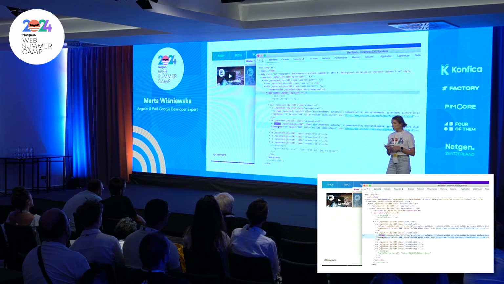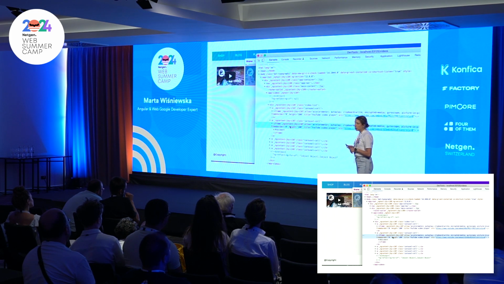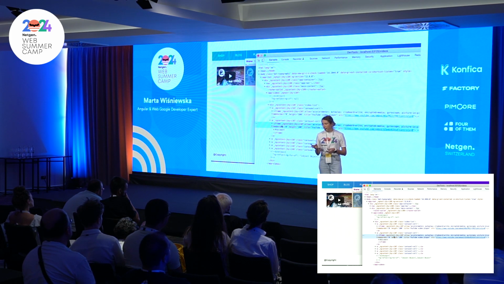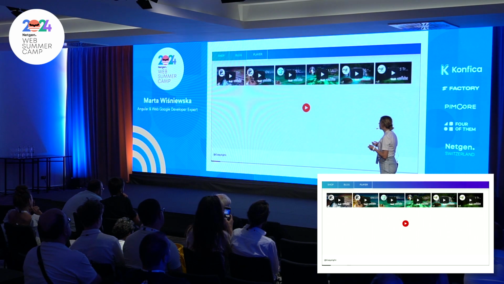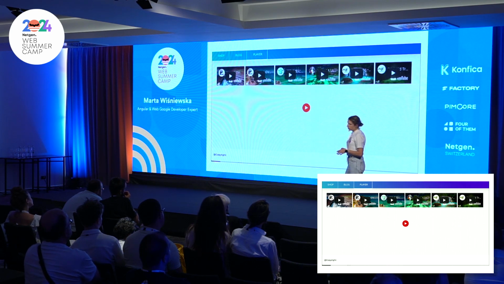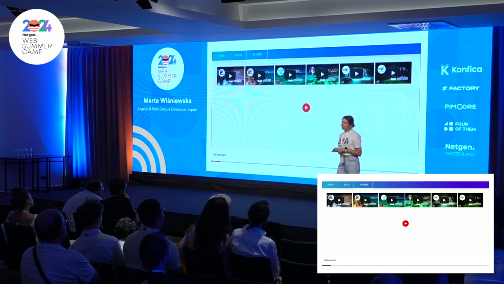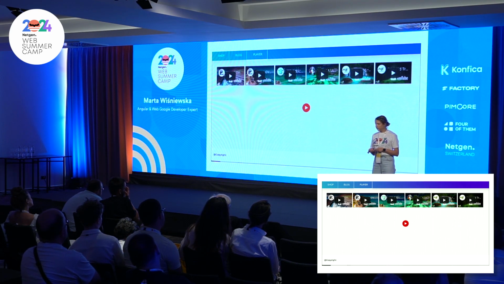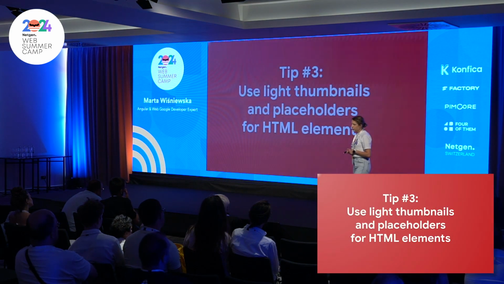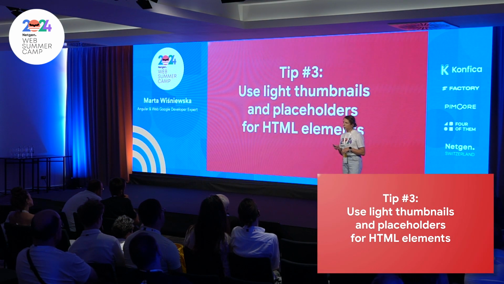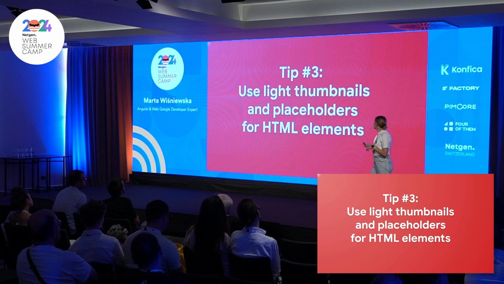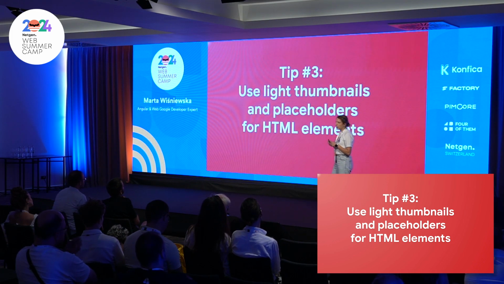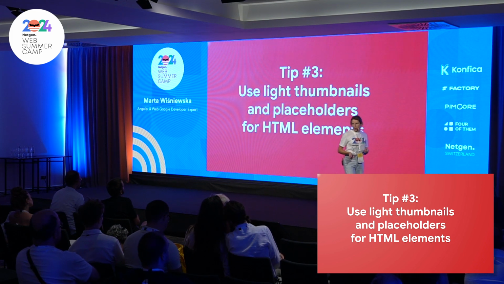Then I found that the thumbnails added to the carousel were added as iframes, but it really didn't make sense, because the thumbnail was only there to tell which video should be played in the player. So I decided to replace these iframes with just light images. So the next tip in my learning: use light thumbnails and placeholders for HTML elements to have the lightest possible elements to render by the browser.